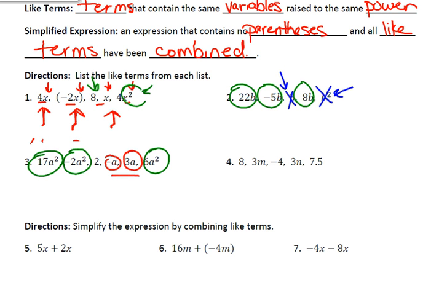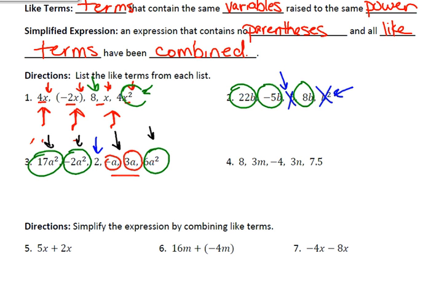These two are also like terms because they both have an a. However, these a's and these a squareds are not like terms. So my green ones are like terms and my red ones are like terms, but they're not all like terms. The number 2 doesn't have any like terms because there are no other terms that are just numbers.